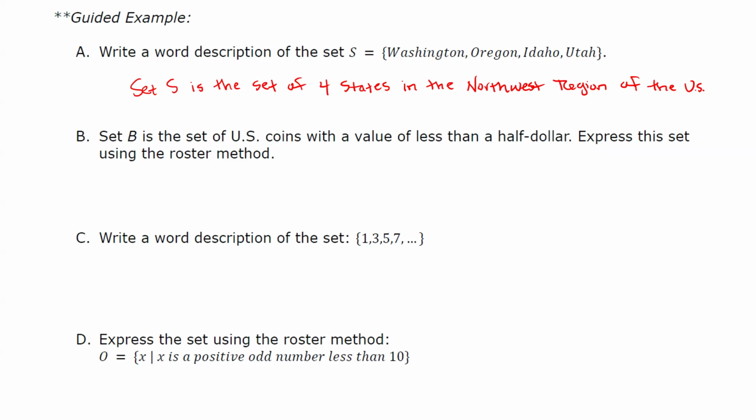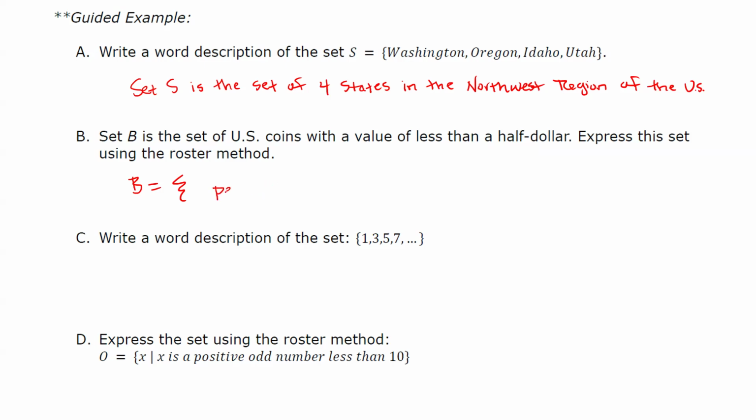B, set B is the set of US coins with a value of less than $50. Express this set using the roster method. And remember, the roster method is just writing out all of the elements within braces. So our set B is going to be the set of coins whose value is less than $50.